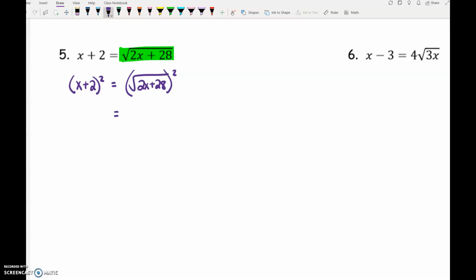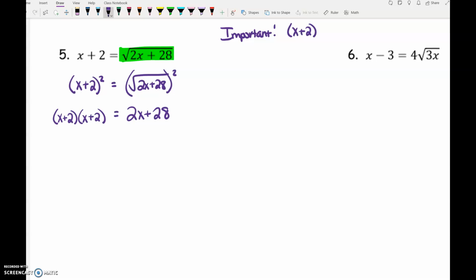On the right side, the square gets rid of the radical, and we have 2x plus 28. On the left side, what does a square really mean? A square means you're multiplying something times itself. So this is x plus 2 times x plus 2. So this is very important.